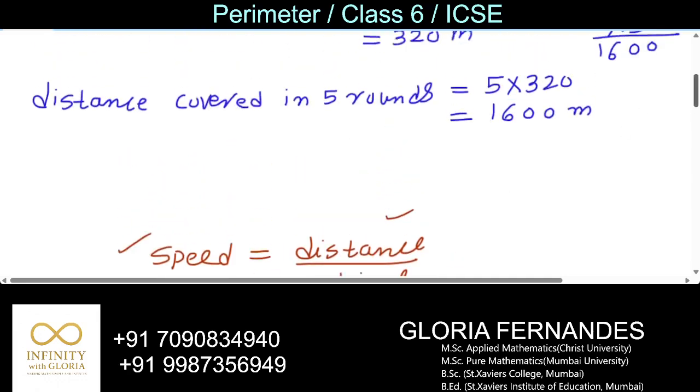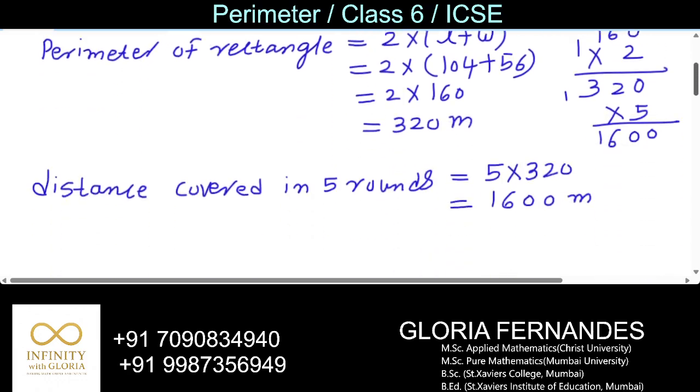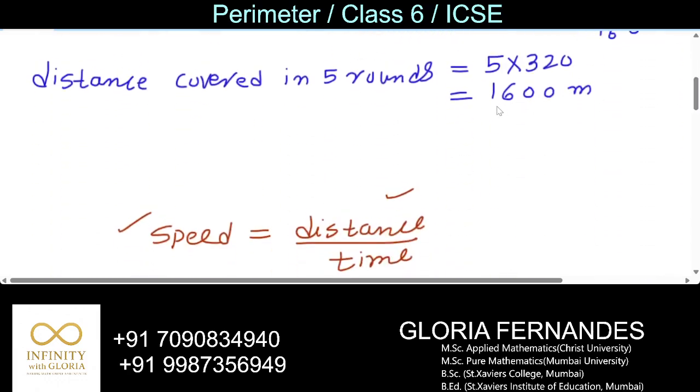All right. Now pay attention. The speed unit is given as 4 kilometer per hour. Okay. And here we have calculated the distance in meters. So now the speed, whatever they have written, 4 kilometer per hour, right? So distance also has to be in terms of the kilometer.